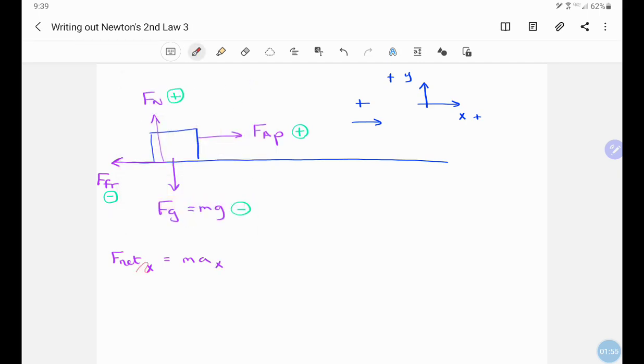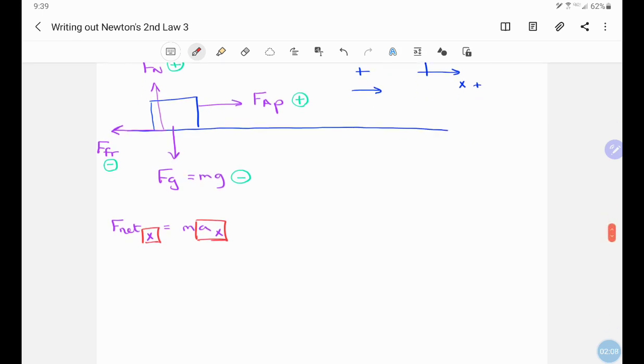Again, we are being specific as to what direction we are looking for as far as forces are concerned, and as a result, we will get an answer that is specific to that direction.